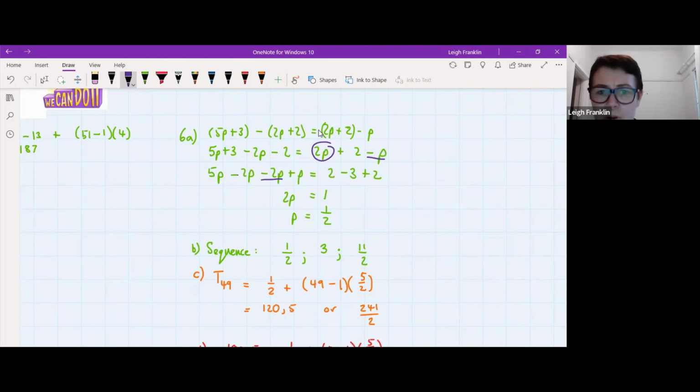And when minus p goes over to the other side, it becomes plus p. This 2 came down. This 3 came across, which is why I changed its sign. And this 2 came across over here, which is why I changed its sign. Okay, so you probably just made a little adding mistake. Yes, ma'am. Okay.